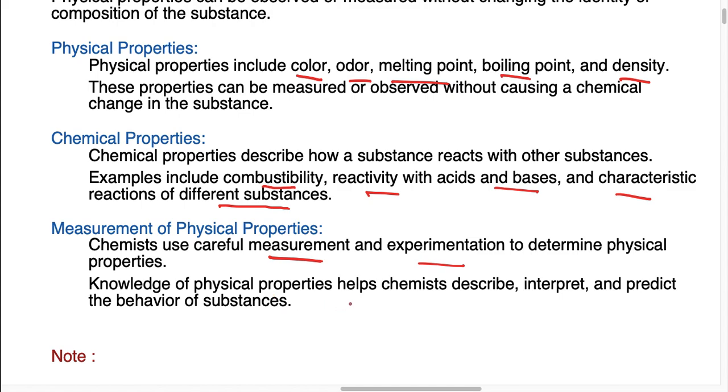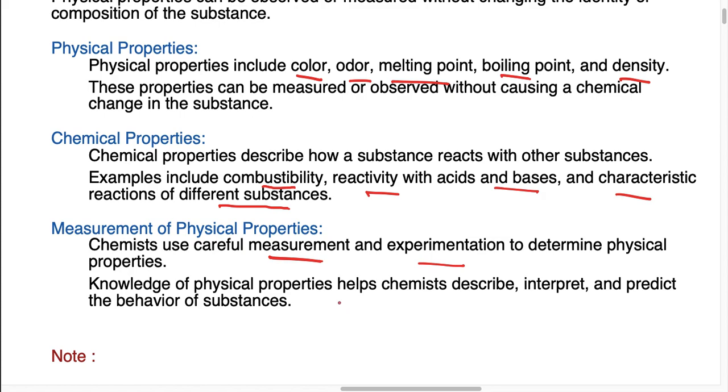So in simple words, if we want to understand the behavior of a substance, predict its properties, or describe other things related to it, we need knowledge about the substance's behavior.